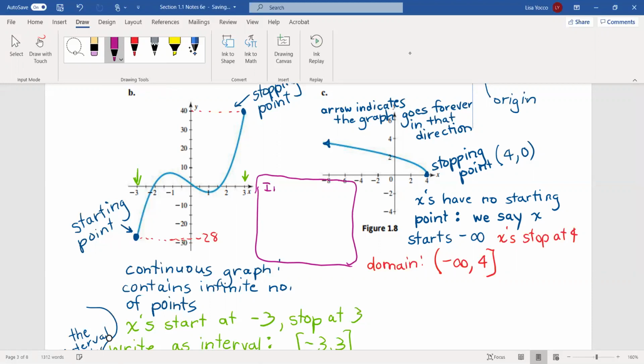And an interval, a bracket left or right means that number is included. A left or right parenthesis means the number is not included.